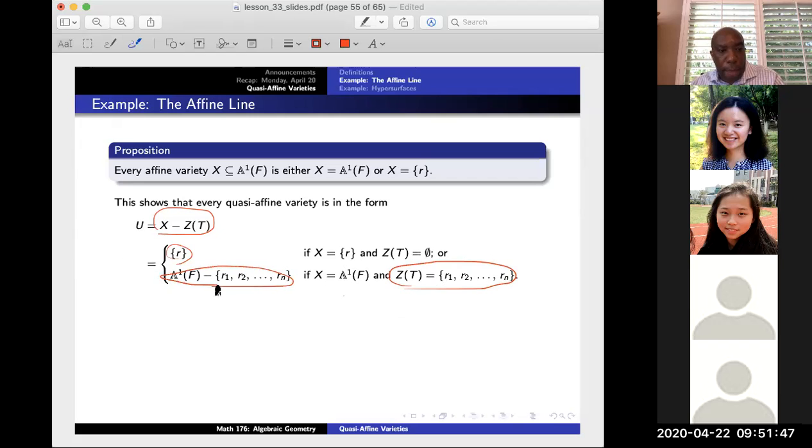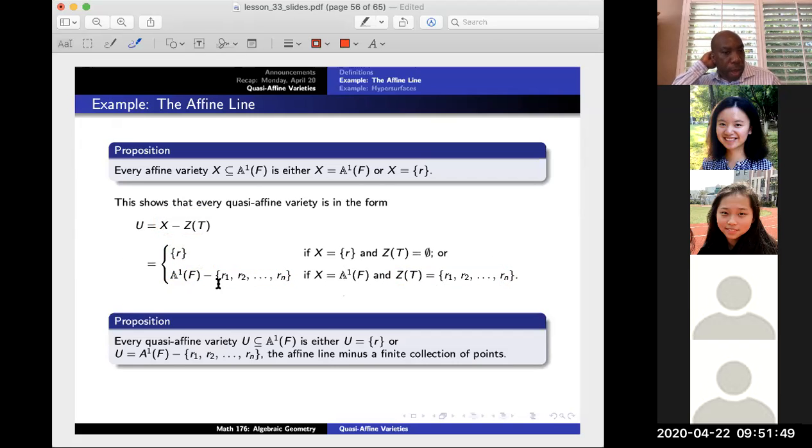So just to recap, what we've actually shown now is the following. Every quasi-affine variety U is either 1 point, or it's the affine line minus a finite collection of points. So that's what every quasi-affine variety looks like.